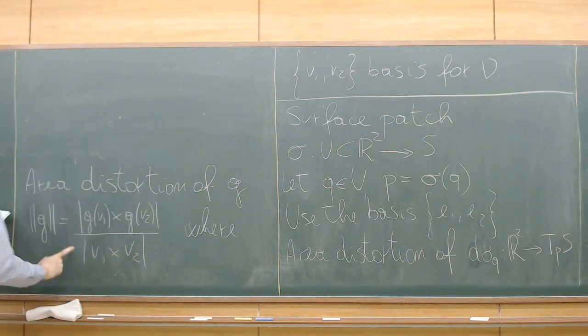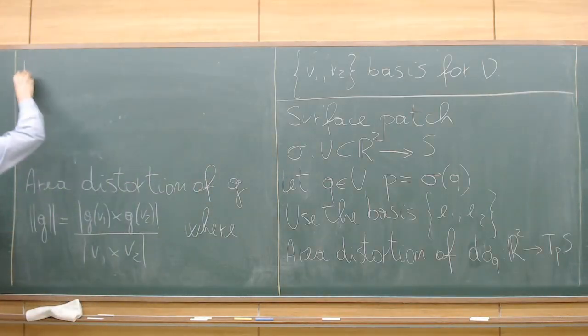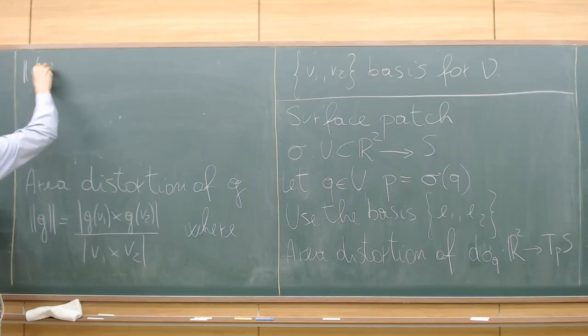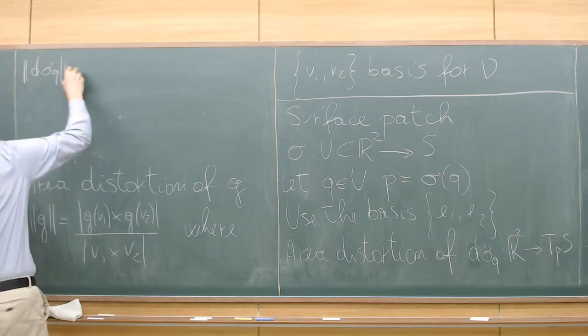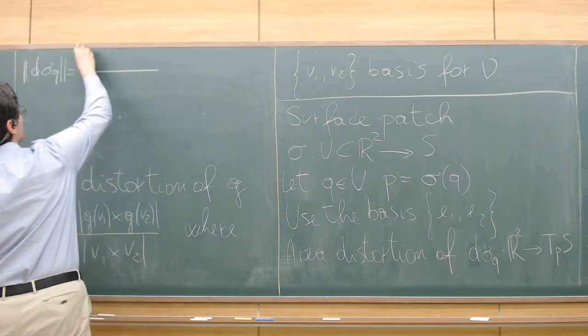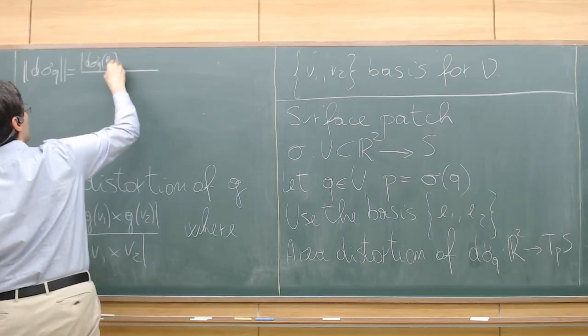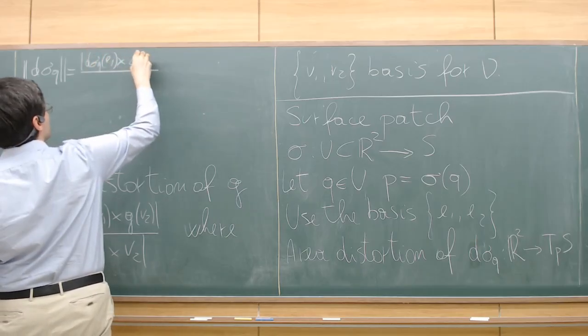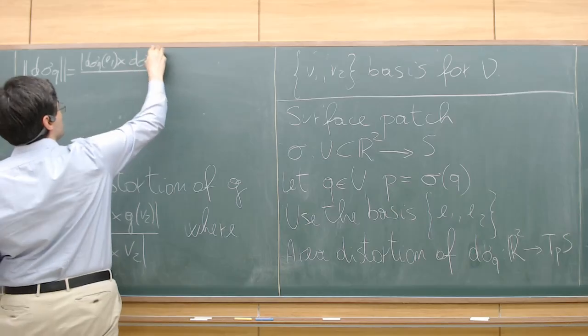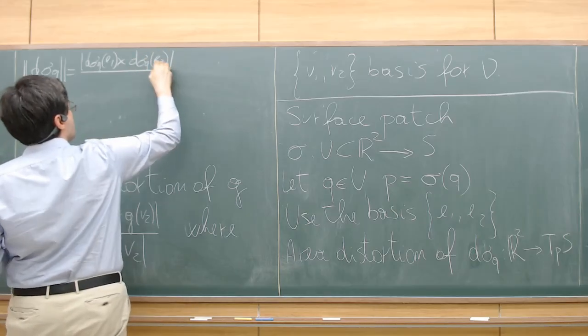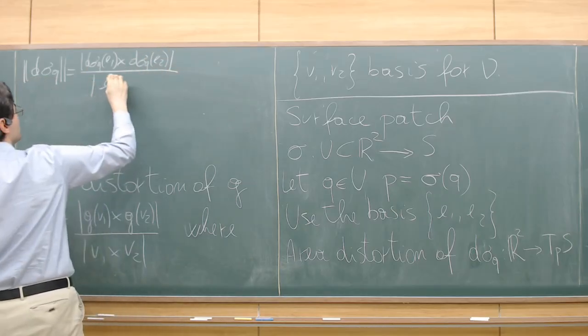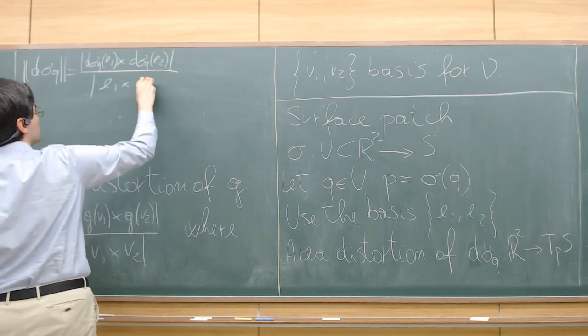So according to this definition, the area distortion of d sigma Q is the quotient between the length of d sigma Q E1 cross d sigma Q E2, divided by the length of E1 cross E2.